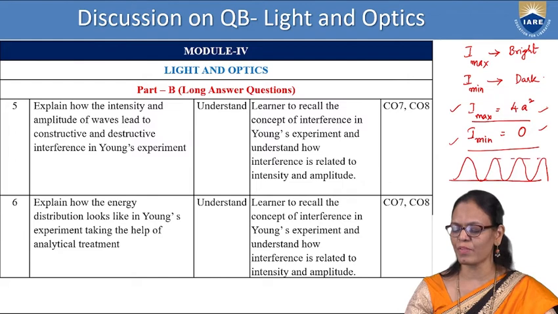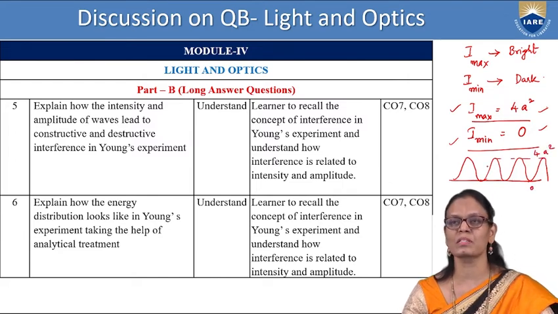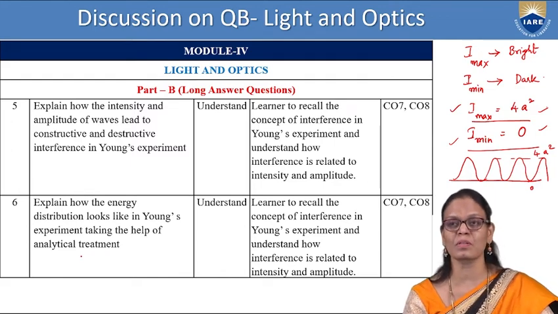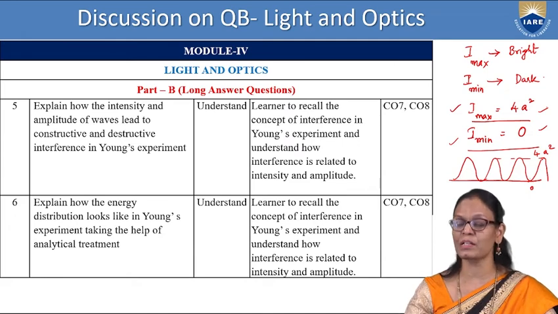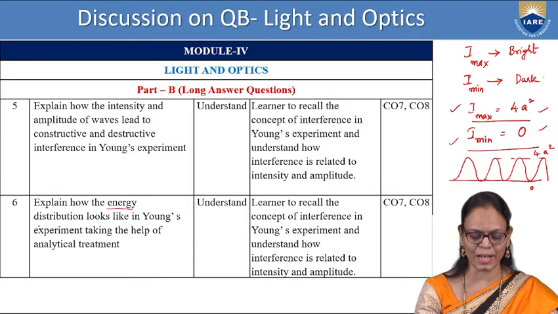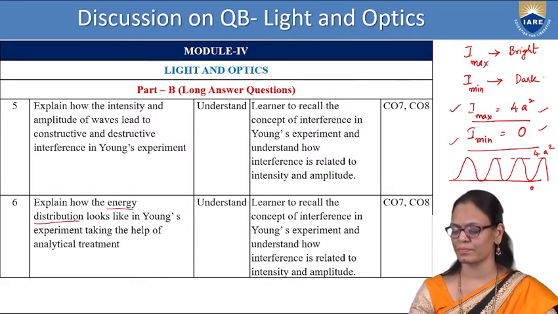The maximum value is 4a square and the minimum is 0. We say that the principle of conservation of energy is also obeyed. Wherever we have a minimum, the energy is distributed to the maxima. So you will have to explain the energy distribution also.